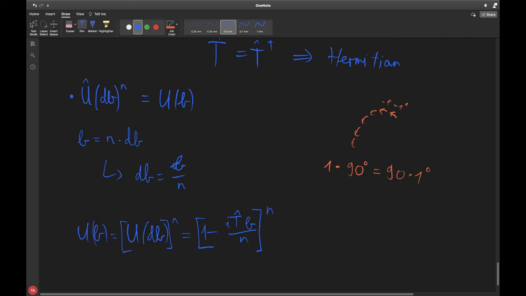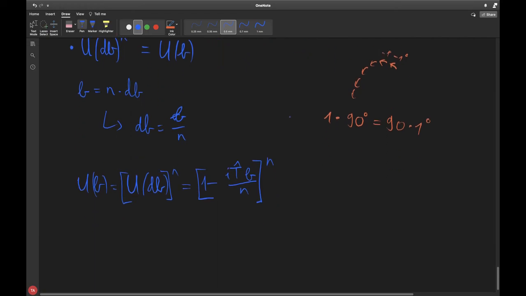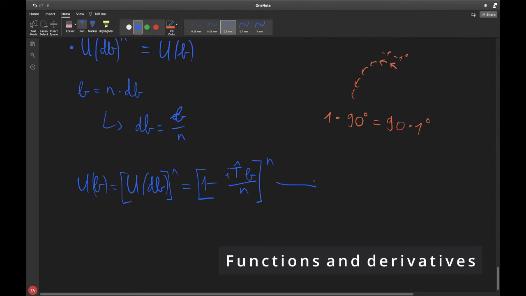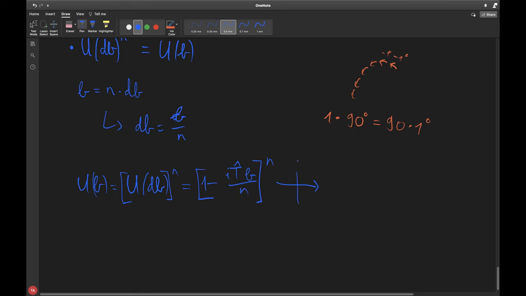This could look very familiar from the Taylor expansion studies, about which I have another video. So if n goes to infinity, then this whole thing will be the Taylor expansion of the exponential of minus i T operator and the parameter b.